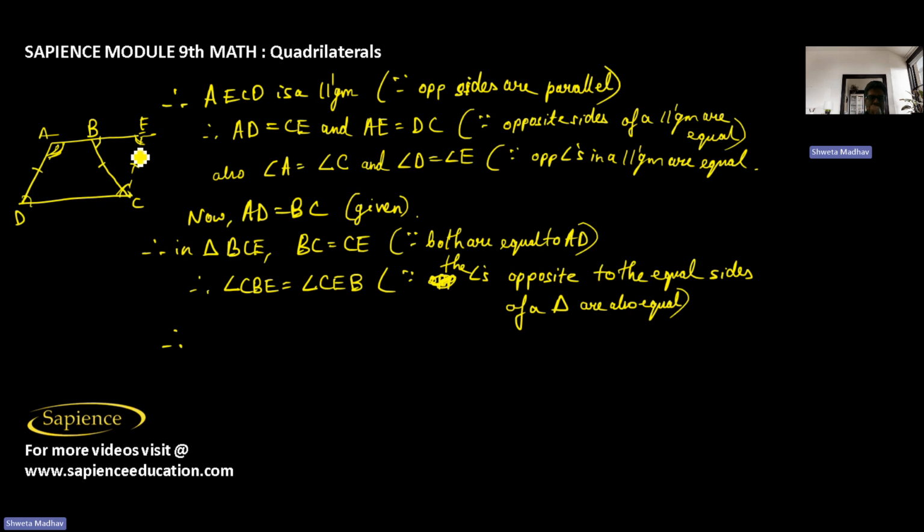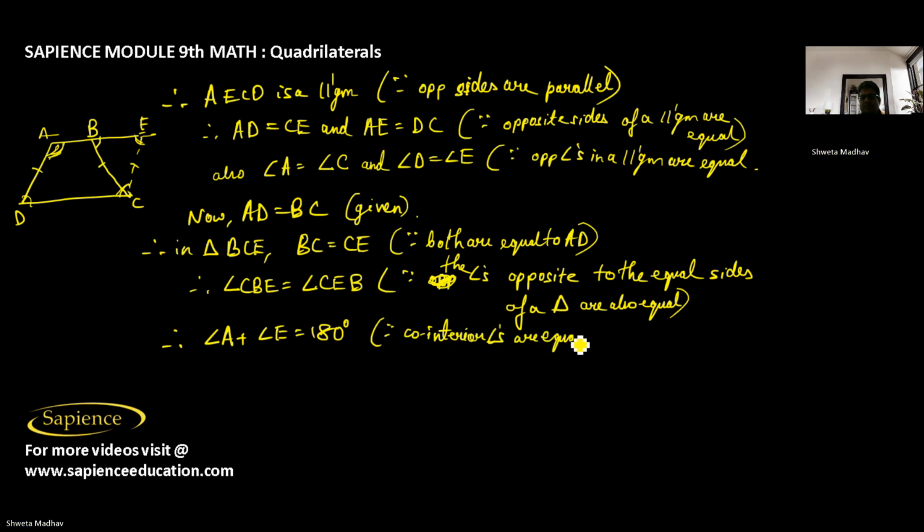So now, therefore, I can say that angle A plus angle E is equal to 180 degrees, since co-interior angles are supplementary, as AD is parallel to CE.